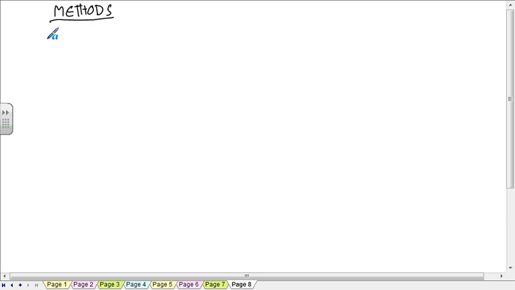So the first one is to put a standard number in scientific notation. I'll write the steps and then I'll follow it through with an example.